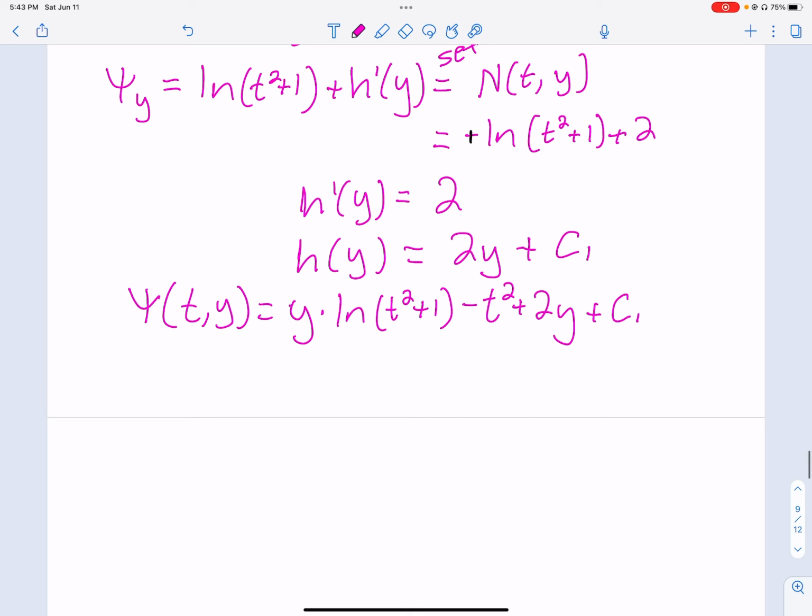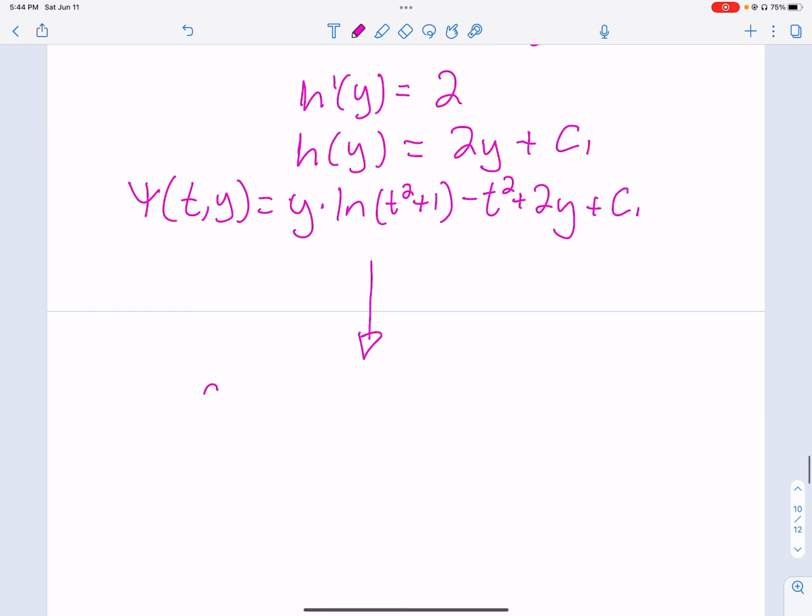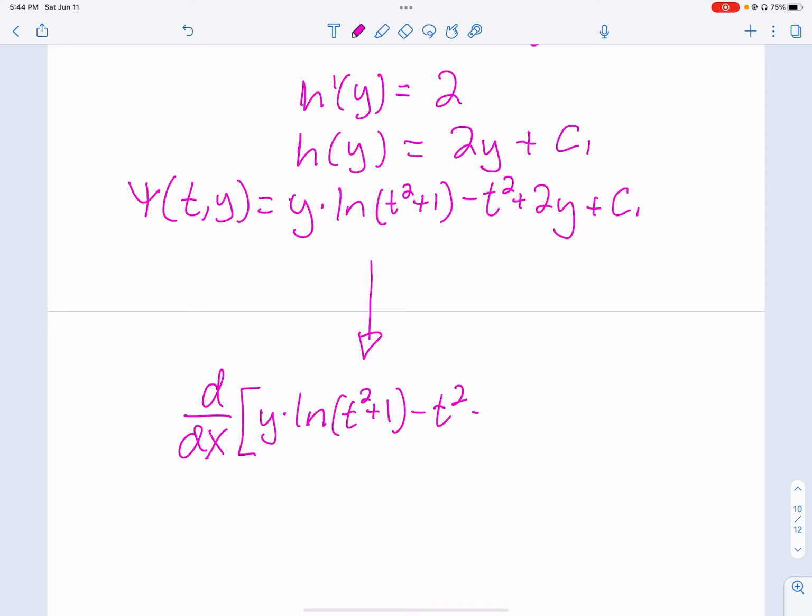Right, so that's my gamma, and the theory tells me now that because I found that function, that very beginning dE can just be written like this. The derivative, because I'll get all the crazy chain rule stuff out of this, will equal 0, for sure.